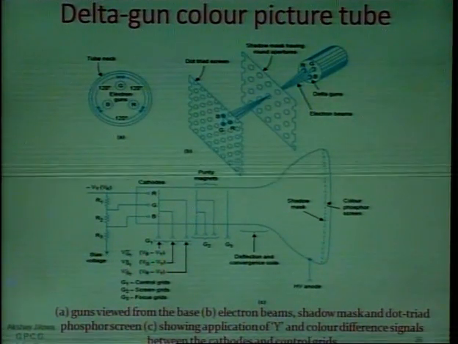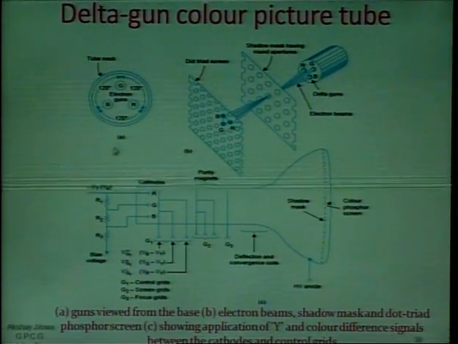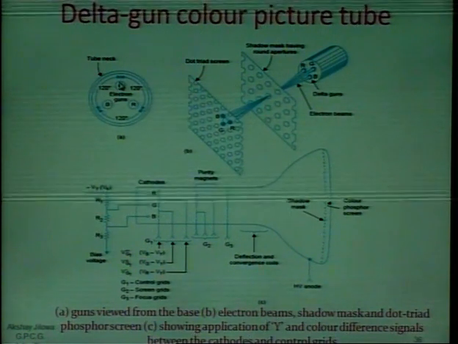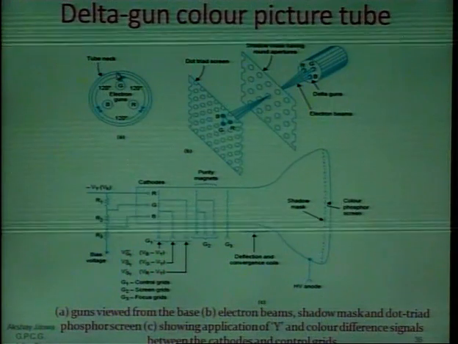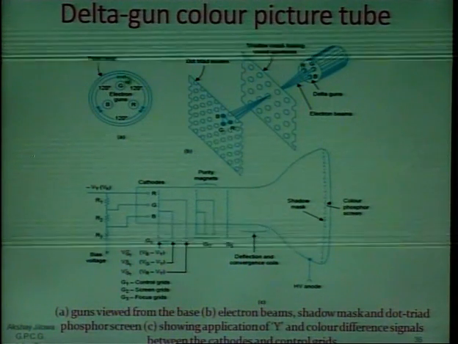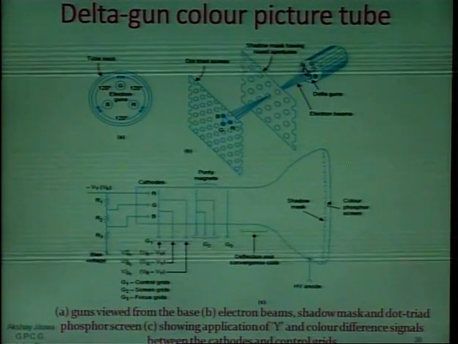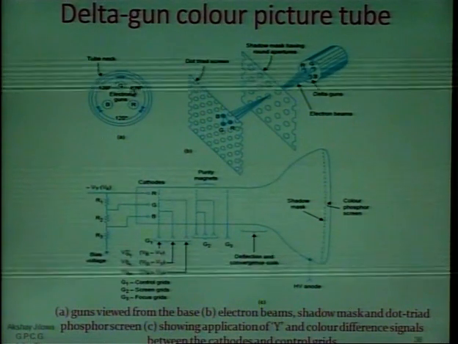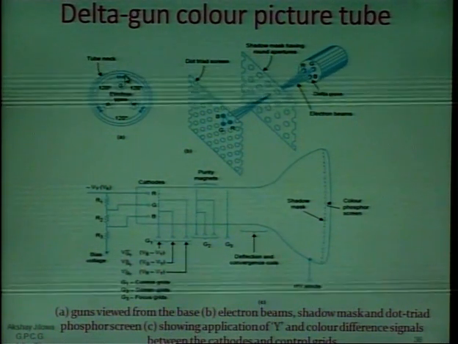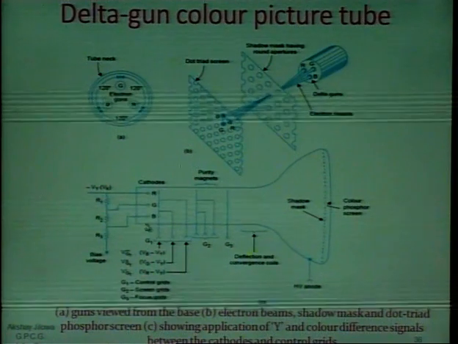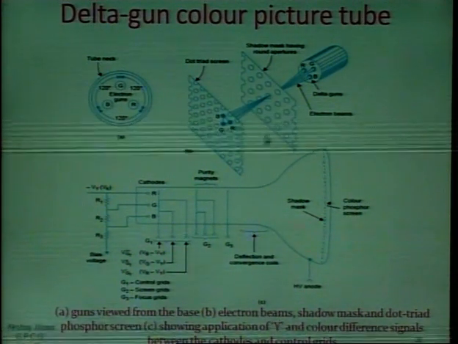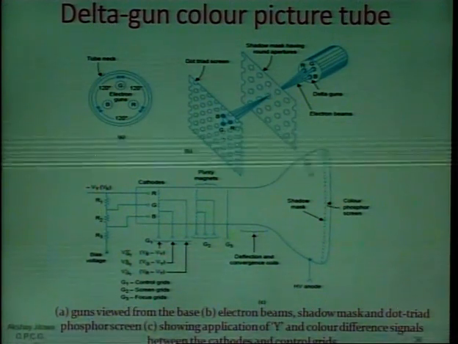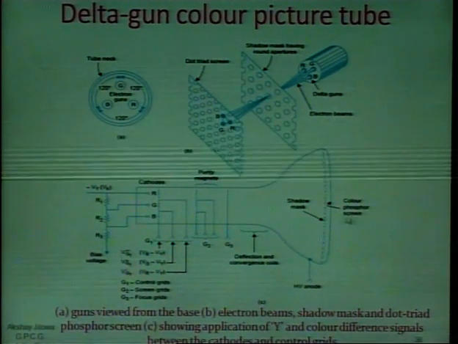Here is the delta gun tube. In the delta gun tube we have red, green and blue, these are the three tube necks. If we see this tube neck, we have red, green and blue 3 electron guns. They are placed at 120 degrees apart. Then we have a shadow mask which is shown here, and here is the color phosphor screen.